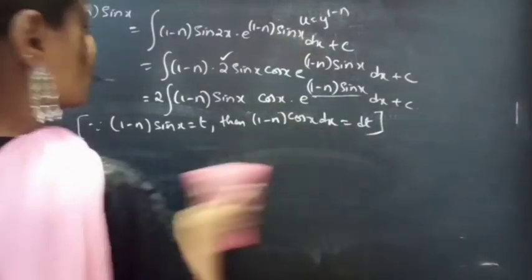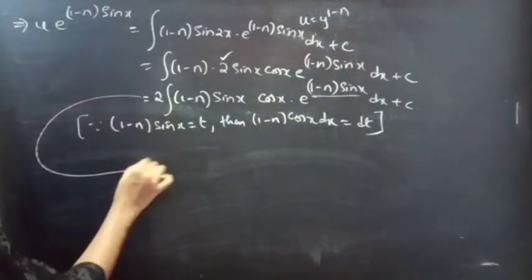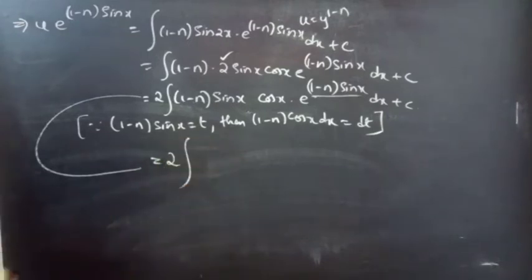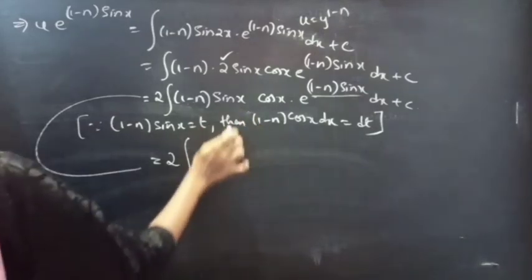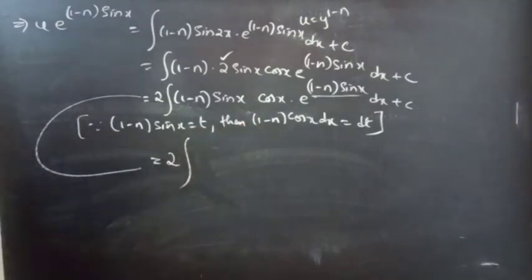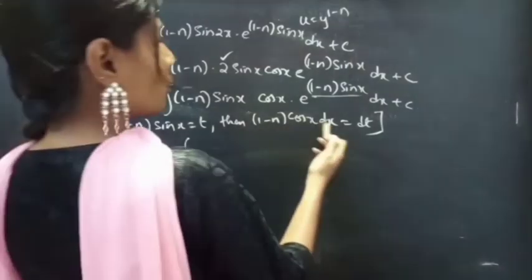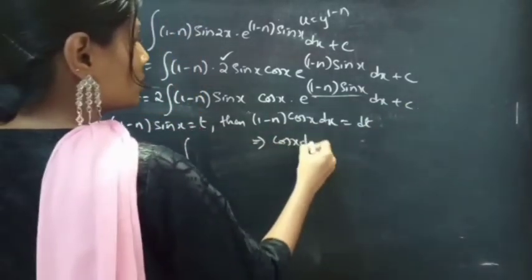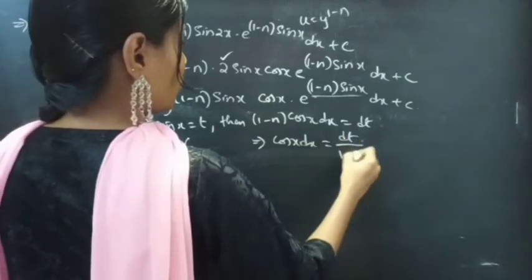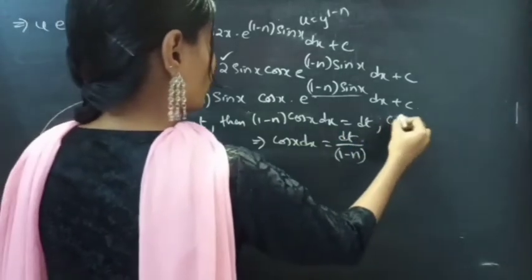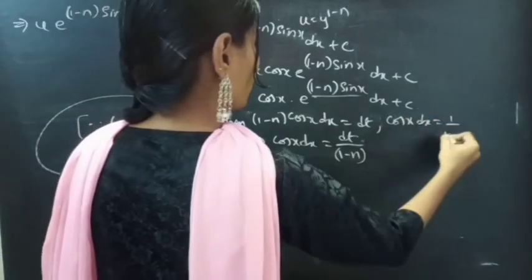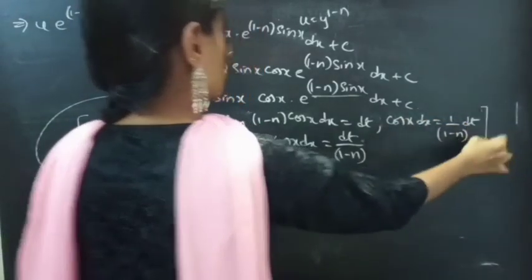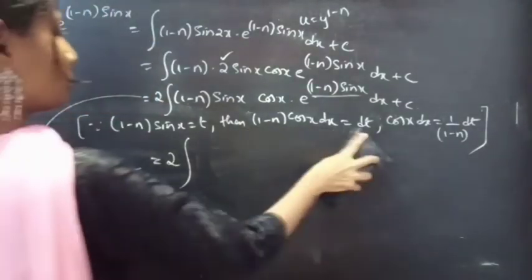See, you're having (1 − n) cos x dx = dt, right? From this we'll get cos x dx = dt/(1 − n), or cos x dx = 1/(1 − n) dt.